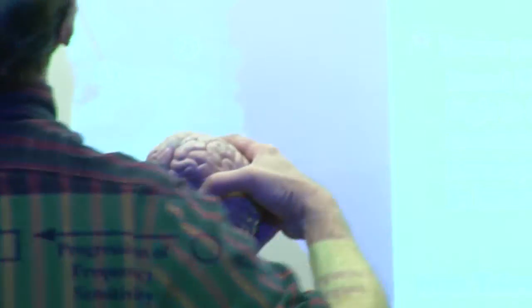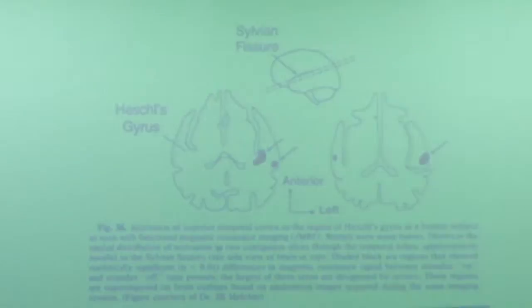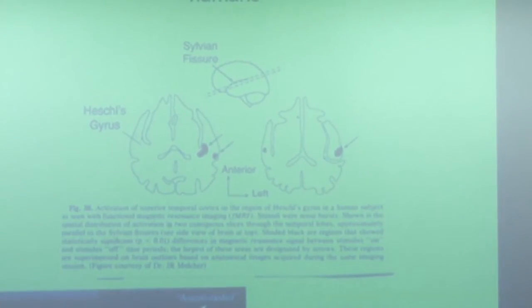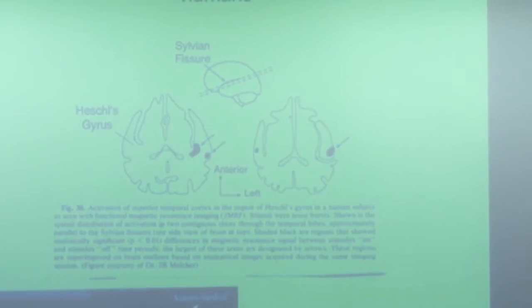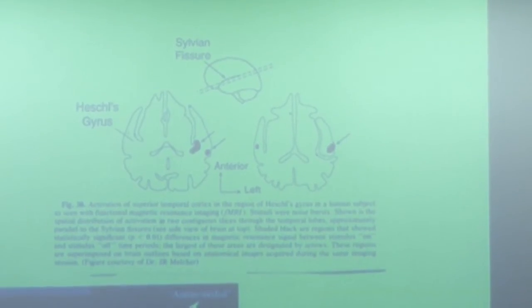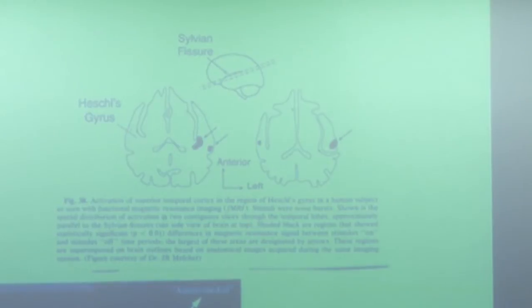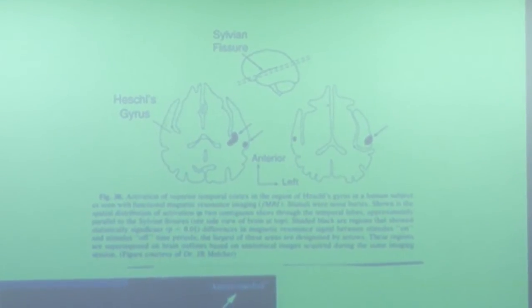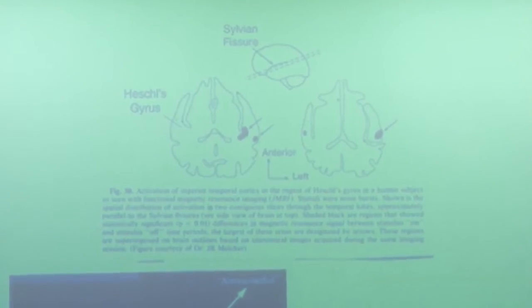On that superior temporal lobe surface, you have a little gyrus that was examined by an anatomist called Heschl. And Heschl's gyrus in humans is the site of A1.